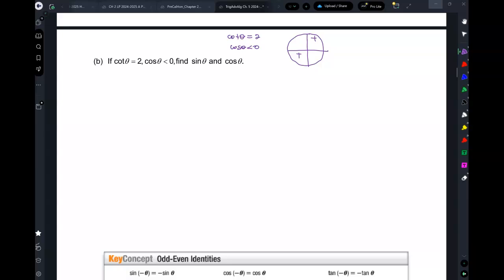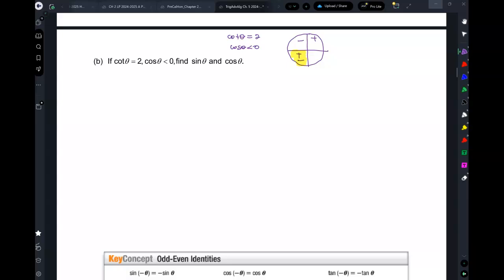Cosine is negative where and where? The second and third. So you see, there's always going to be one quadrant. Is it never going to be in the first quadrant? It can be. It can be.